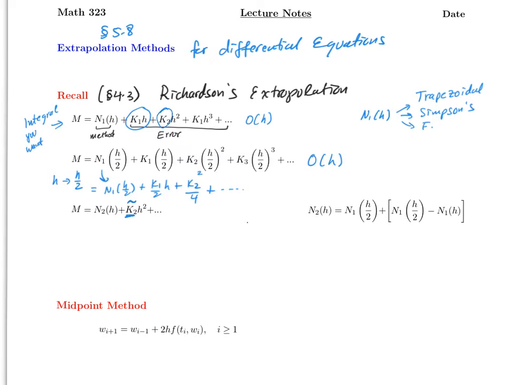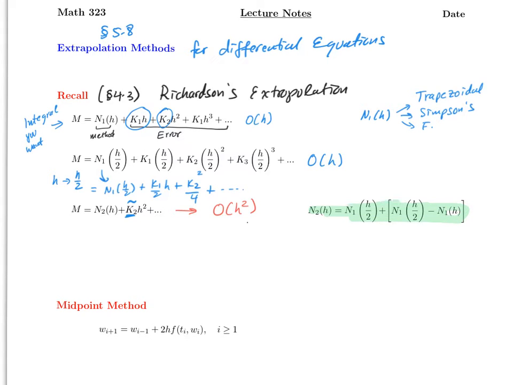By doing the extrapolation here, now this one is O(h squared), so you improve the accuracy. Once you combine these and solve for N, it was equal to this.